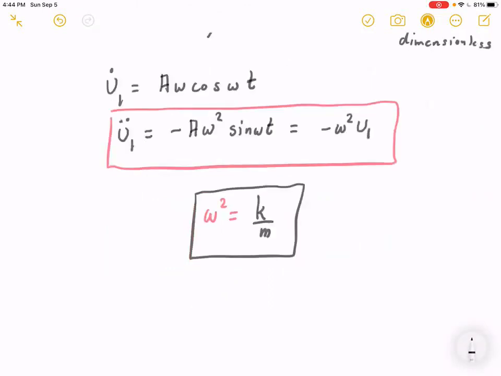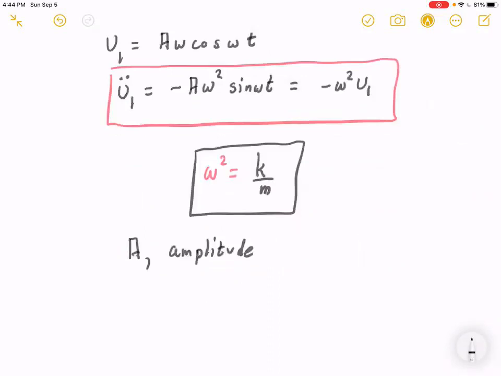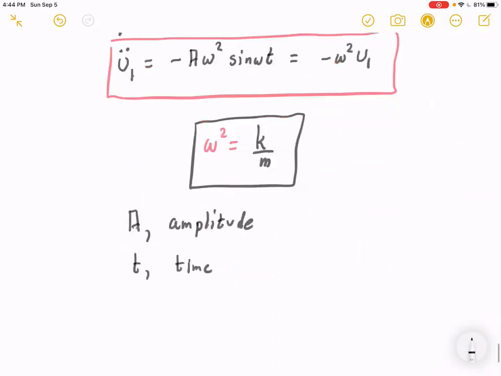Okay, so what are these? A is what we will call an amplitude. It has length. T, of course, is time. Omega is what we'll define as an angular frequency, and therefore it will have units of inverse time.